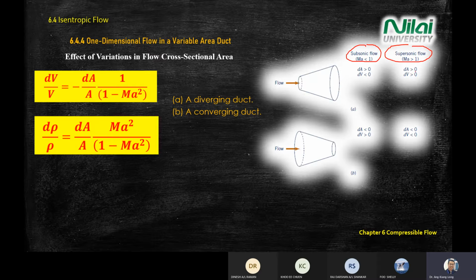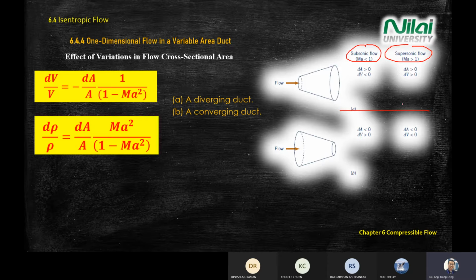Your area will increase, velocity will increase. However, what happens in the converging case? If your Mach number is less than 1, in this case because it's converging, it's big to small, so area will be smaller, and the velocity will increase.